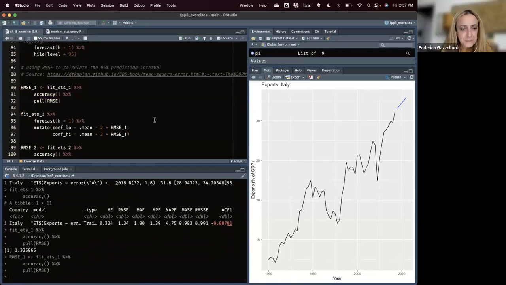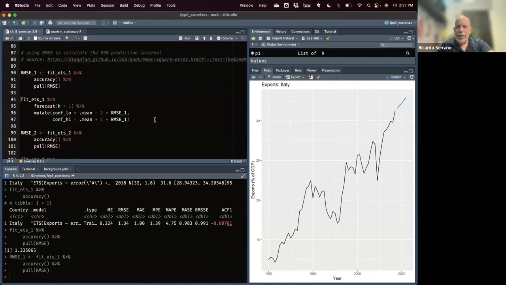Then I run the model, get the forecast, and do a mutate to calculate, from the RMSE, the lower and upper values of the confidence interval. How I calculate it: by the mean, which is the fitted value, and then adding two RMSEs, which approximates the 1.96 multiplied by the standard deviation.